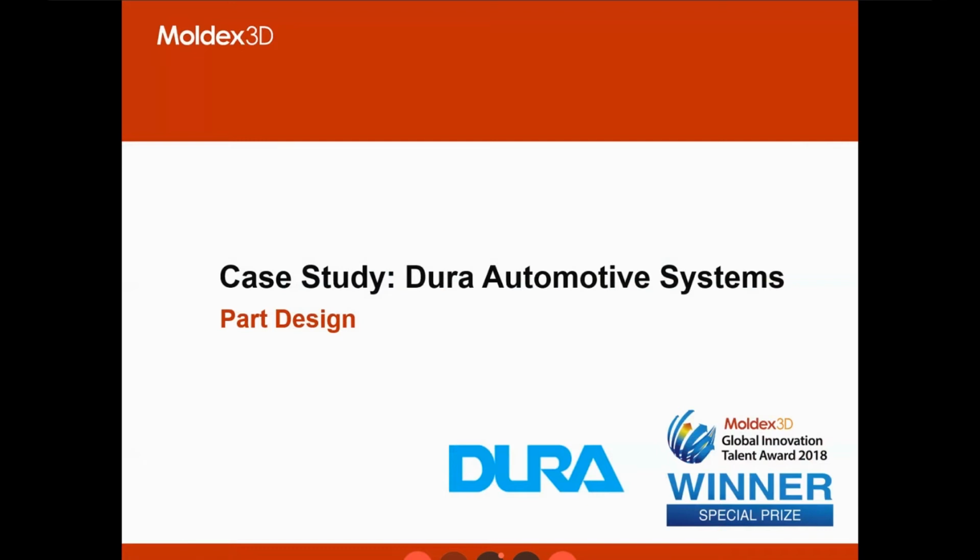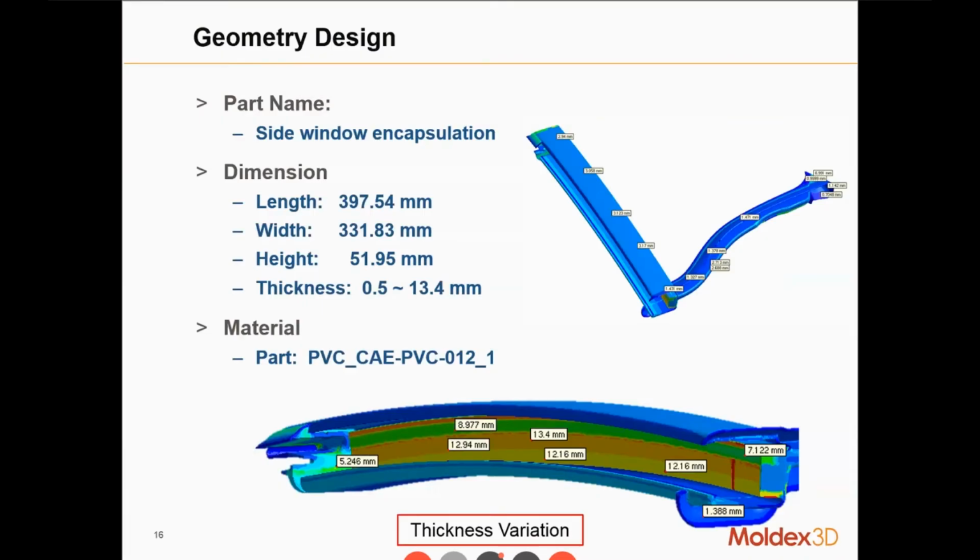In the next case study, from Dura Automotive Systems, which also won the special prize in our Global Innovation Talent Award in 2018, they chose to change the part design to decrease the warpage.